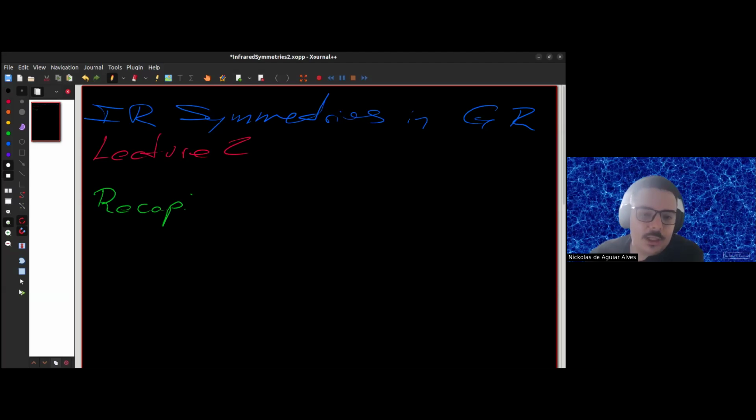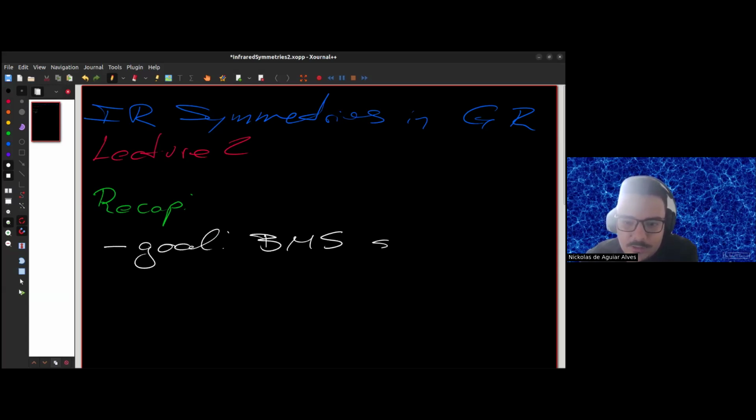Okay, so as a recap for last lecture, our goal in this course is to understand BMS symmetries, which are symmetries at infinity in general relativity, specifically at infinity in asymptotically flat spacetimes.